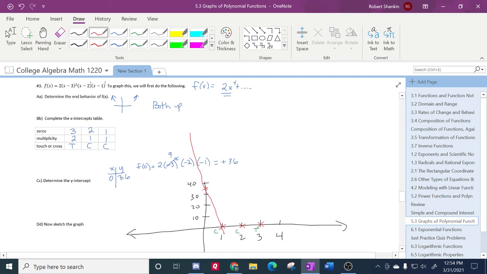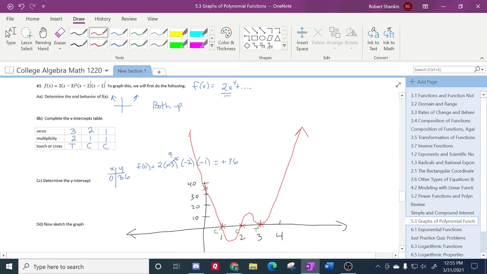Now, I don't know how far to go down. Maybe I go way down, maybe I go a tiny bit down. It doesn't matter. The only thing that we really want to make sure that we're getting correct is that we're on the correct side of the x-axis. Come up here, we're going to cross again. We come here, and this one is touch. The only way you can do the touch nicely is you got to come below it a bit in front of it, and then level out at it, and then come back up like this.